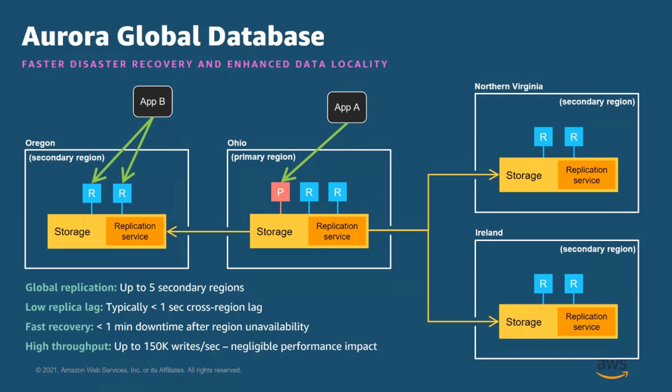So the RPO that I was referring to previously, the recovery point objective, the data loss, is going to be 1 second. So that's RPO. What about RTO? The recovery time objective. When the disaster happens, making any of the secondary regions your new primary generally takes less than a minute. So RTO is approximately a minute.